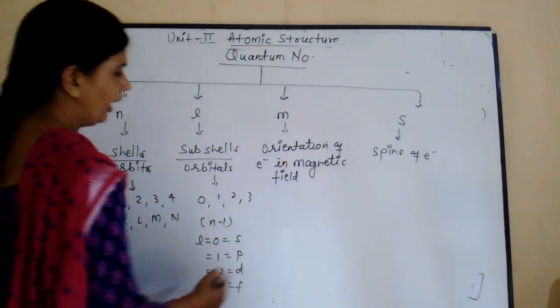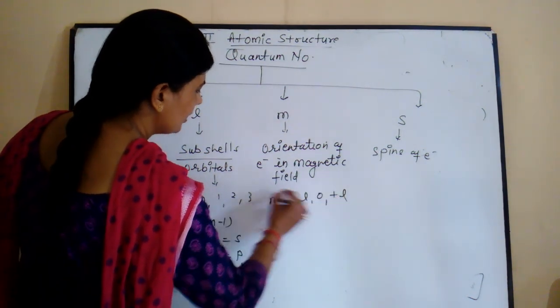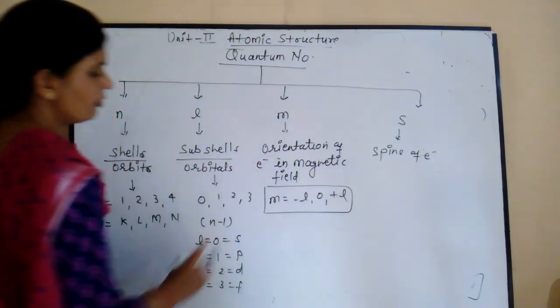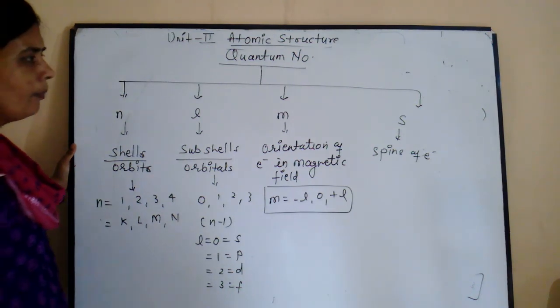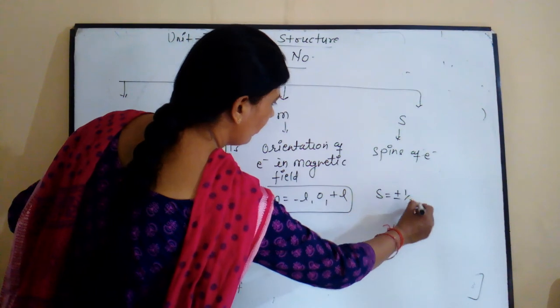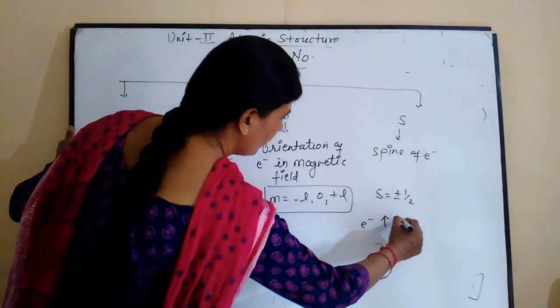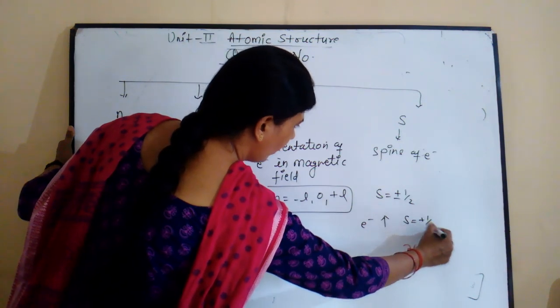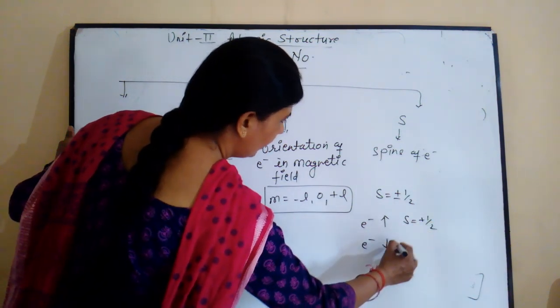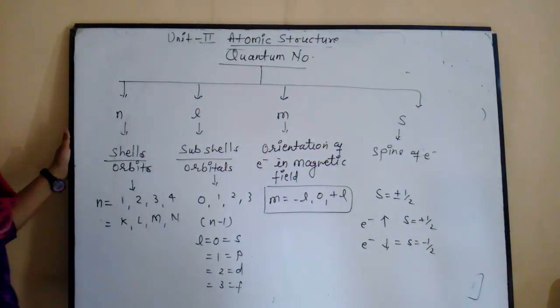And the value of m equals minus l, 0 and plus l. And the spin quantum number has the value plus minus 1 by 2. If the electron has clockwise spin, s is equal to plus 1 by 2. If the electron has anti-clockwise spin, s is equal to minus 1 by 2. So these are the 4 quantum number values.